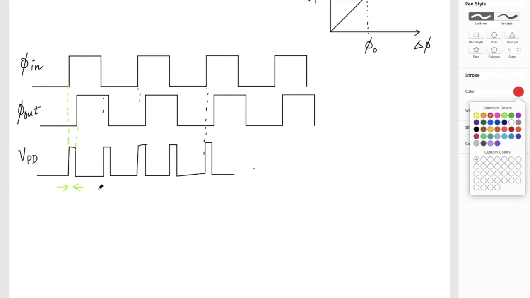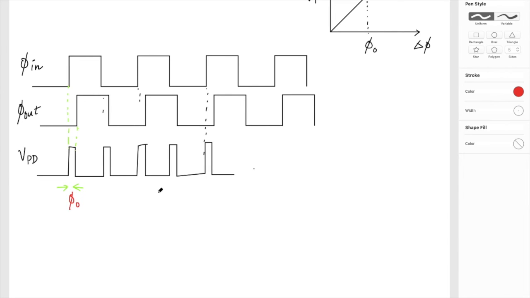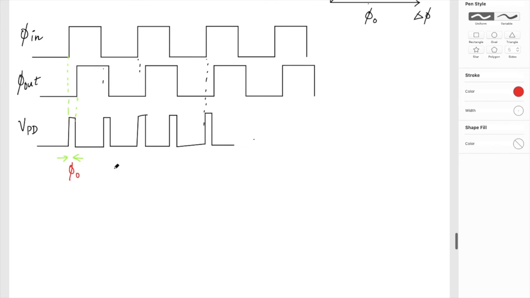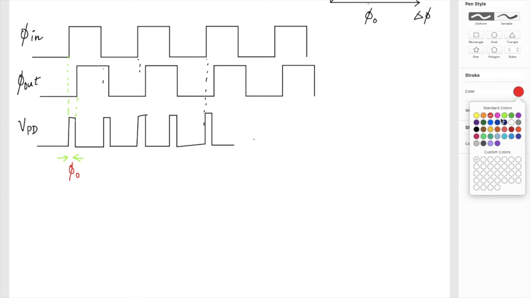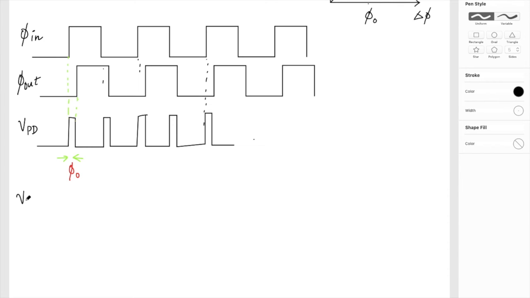So I have a phase difference of phi naught, and of course this is producing a control voltage, V cont, where the average value in the lock condition, after low pass filtering, we can see maybe some small ripples here.